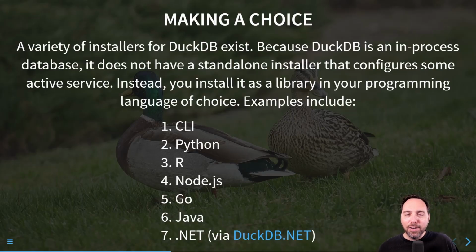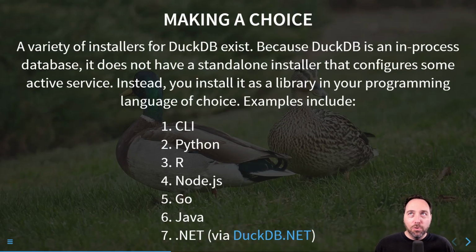Now, the CLI actually is an installer that is kind of standalone, but otherwise, if you want to interact with this using Python code, install it as a pip package. If you want it in R, it's a CRAN package. If you want it in Node, you have your Node packages, npm, etc. .NET on here, that's a special case because the first 6 items on this list are all first party.